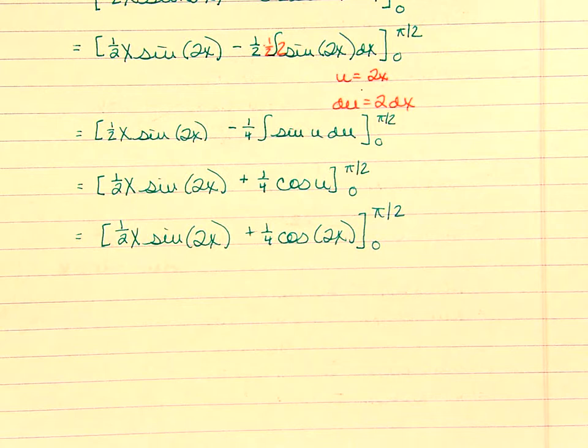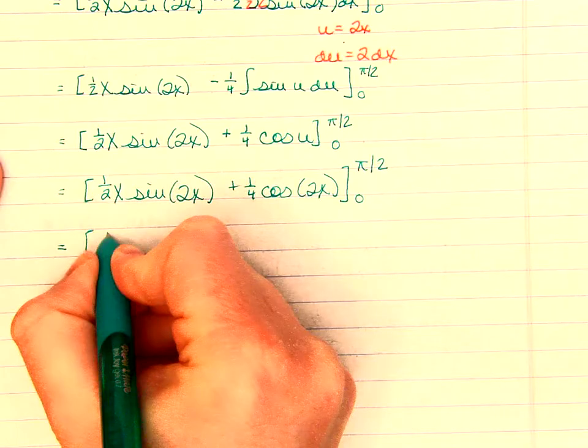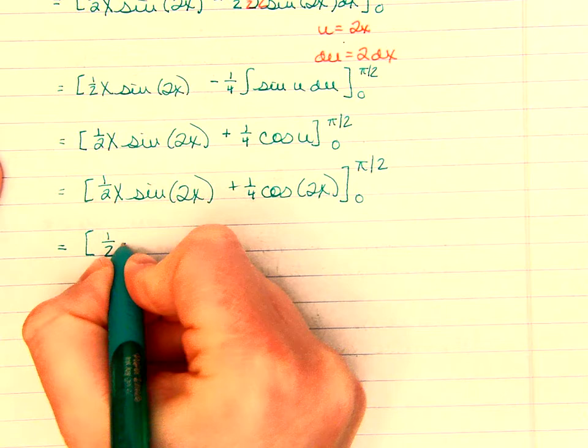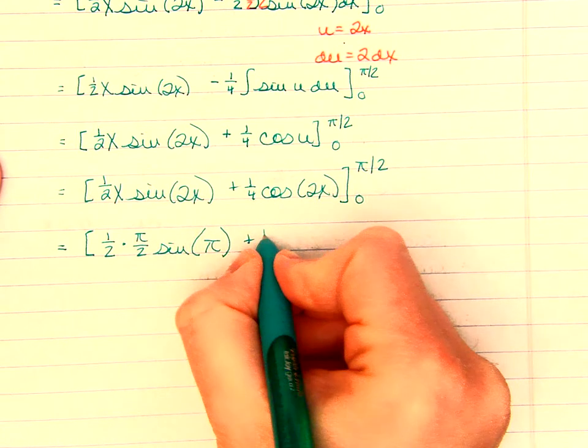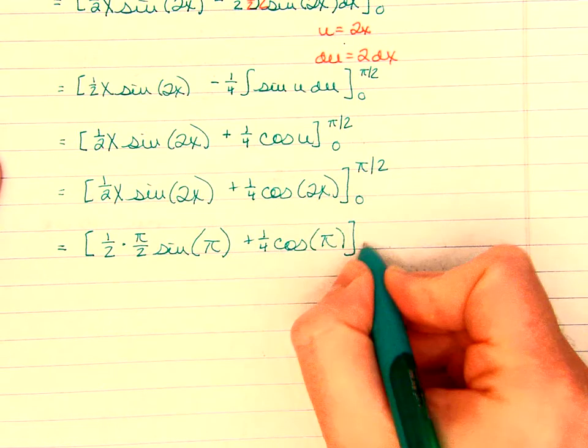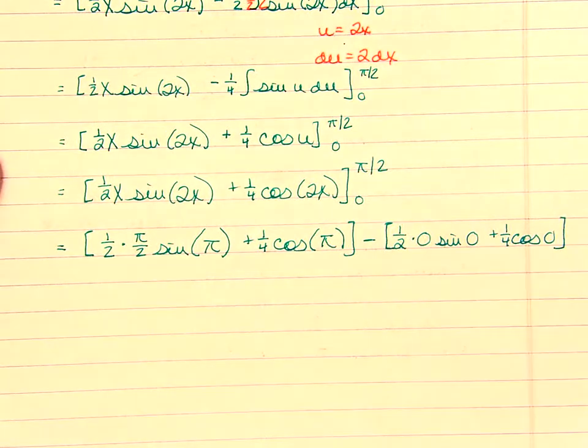Now I'm going to plug in those limits of integration. This is going to give me 1/2 times pi over 2 times the sine of 2 times pi over 2, well 2 times pi over 2 is just pi, plus 1/4 times the cosine of, again 2 times pi over 2 is just pi, minus, go and plug in your 0, 1/2 times 0, sine 0, plus 1/4 times the cosine of 0.